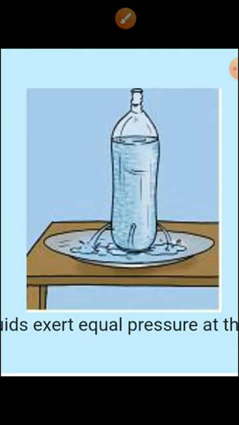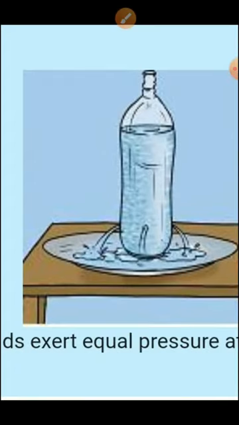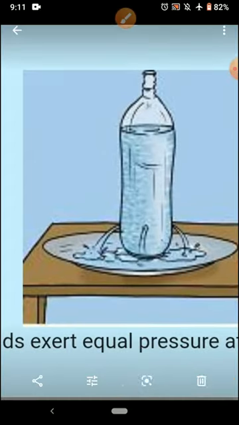It's transparent. Drill holes all around the plastic bottle near the bottom, but make sure that these holes are at the same height. This is one hole, this is another hole, this is another hole. These should be at the same height, near the bottom, not on the bottom.